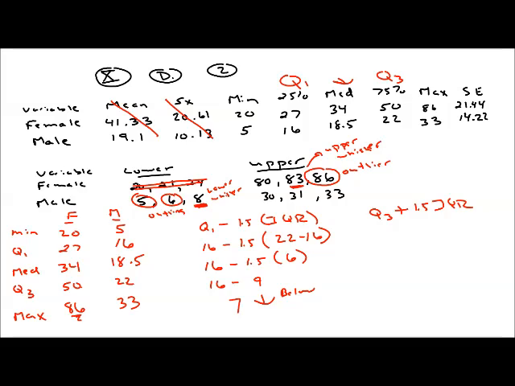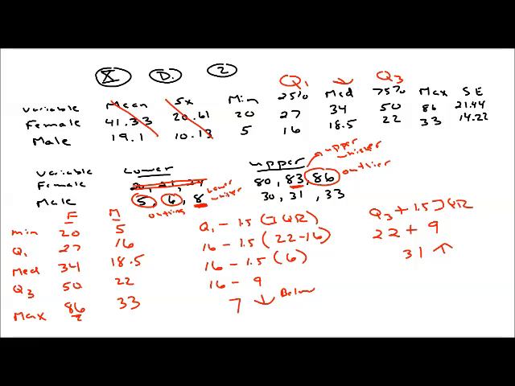Now let's do Q3 plus 1.5 IQR. Q3 is 22 plus 1.5 times IQR, which is 9, which is 31.